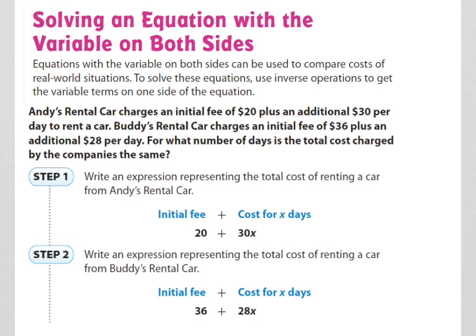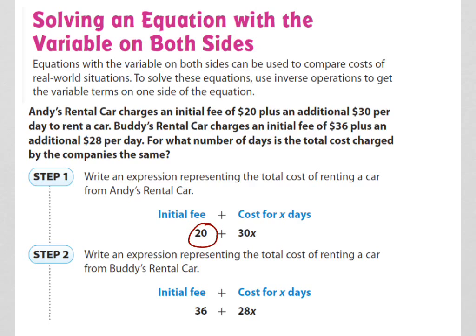First step. We want to write an expression representing what each one of the car rental places charge. So we'll start with Andy. It says A comes before B. Only reason. So we see that Andy charges $20.